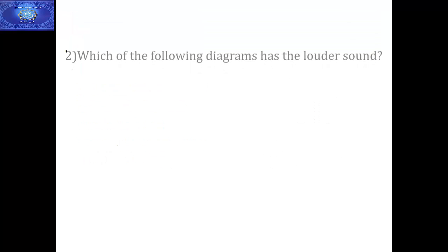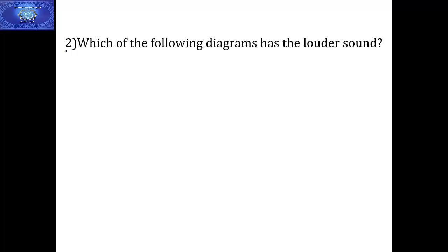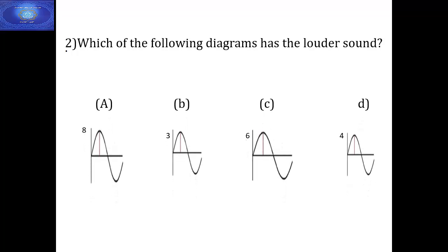Second question: which of the following diagrams has the louder sound? We know before that loudness depends on amplitude. The higher amplitude refers to loudness. Lower amplitude refers to soft sound. So we will choose between diagrams depending on the amplitude. First diagram has amplitude equal 8.